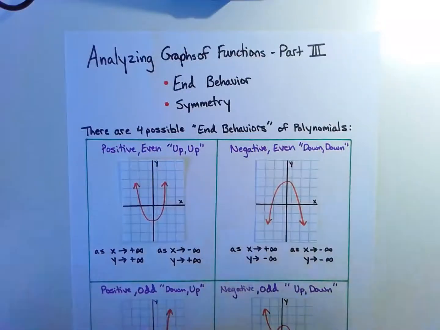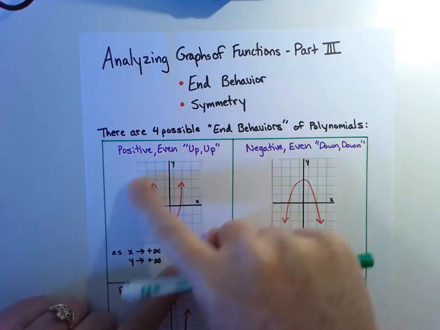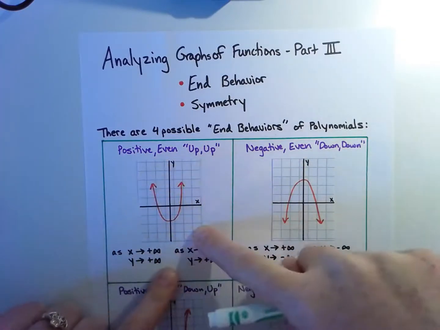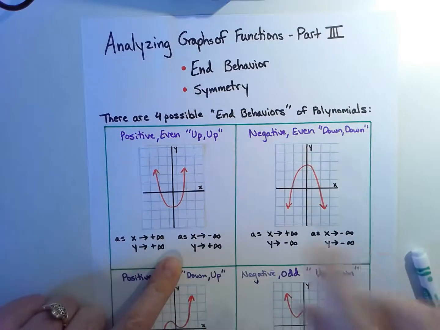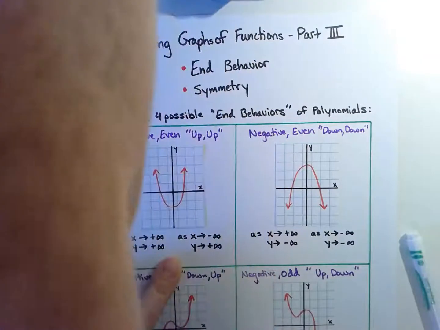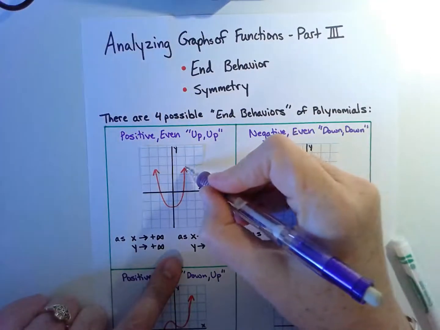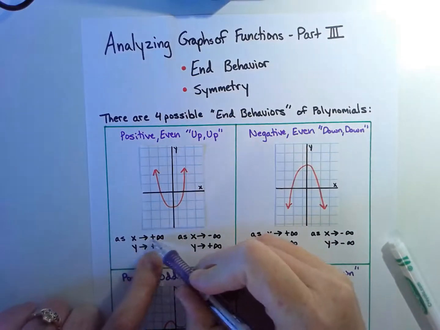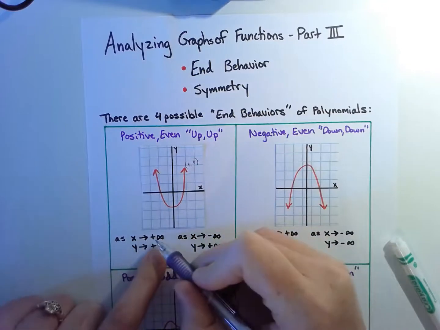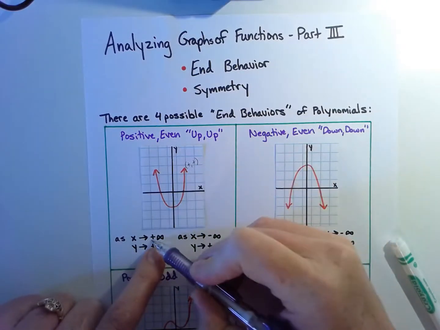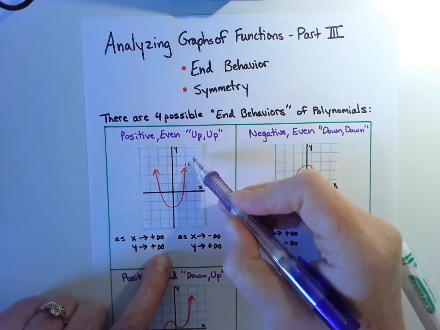What I was saying is if your graph is positive and even, it'll always behave like this little graph right here. This end of my graph is approaching the first quadrant, which is positive, positive. x is headed toward positive infinity, and y is also headed toward positive infinity.